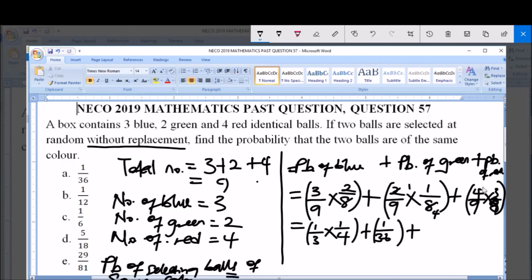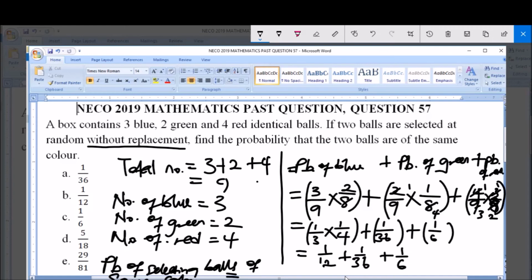Plus, now we have 4 here. 4 will go into 4 once and into 8 two times, and 3 will go into 3 once and into 9 three times, and 3 times 2 gives us 6. So we have 1 all over 6. Now this is equal to 1 over 3 times 1 over 4, which gives us 1 over 12, plus 1 over 36, plus 1 over 6.